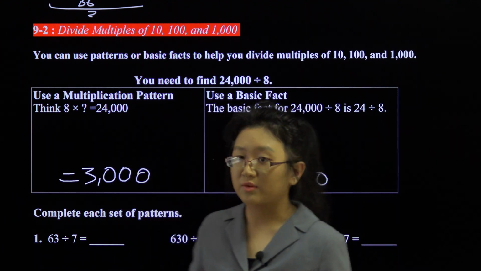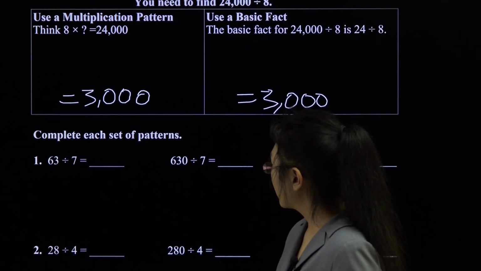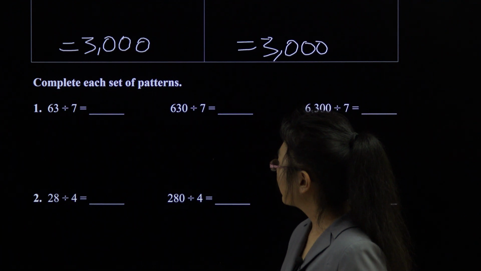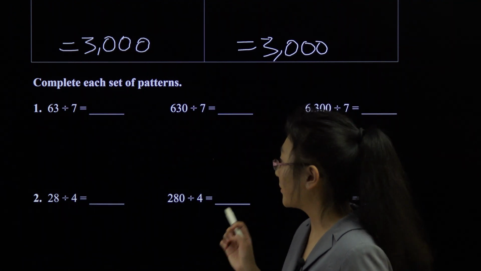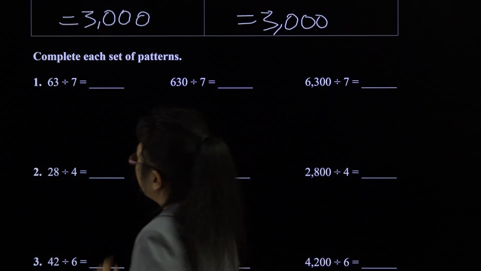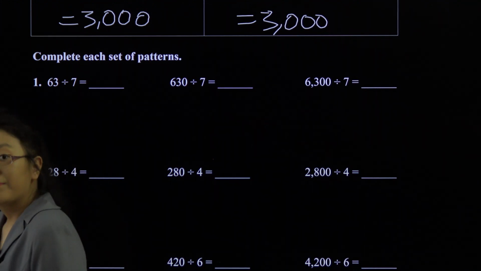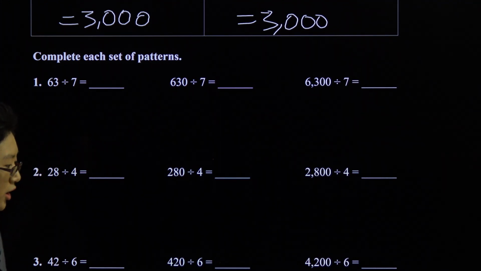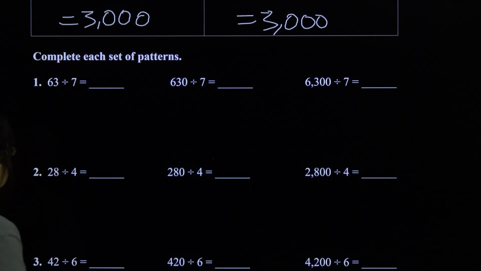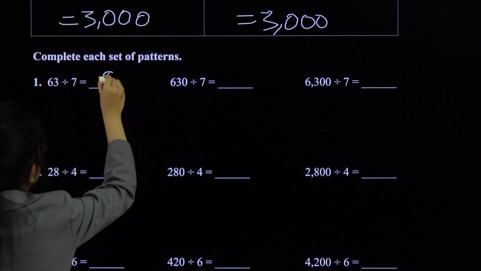Now let's do some practice problems. Actually, no. And yes, because we're completing patterns here. 63 divided by 7, according to our good old handy multiplication table, is 9.